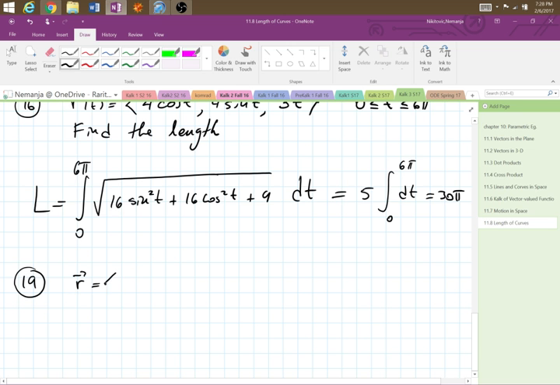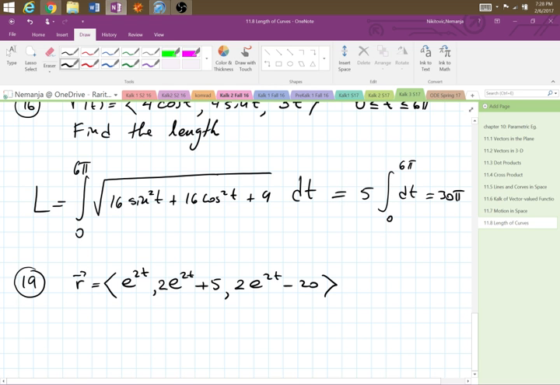So r is given as e to the 2t, comma, e to the 2t plus 5, comma, 2e to the 2t minus 20, with t between 0 and ln 2. Oh no, this is 2. Okay, 2e to the 2t minus 20.